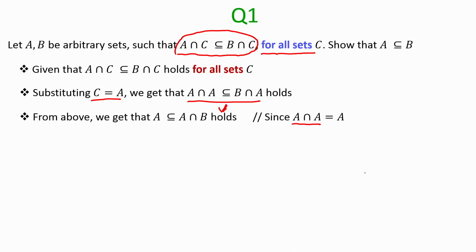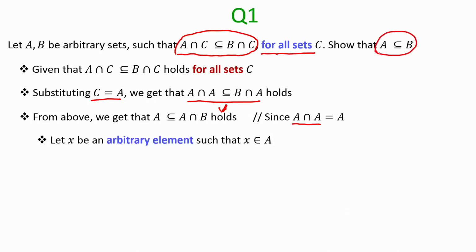Right. Now, my goal is to show that A is a subset of B. Okay. So, for showing that A is a subset of B, I have to show that you take any element x in the set A, it should be present in the set B as well.